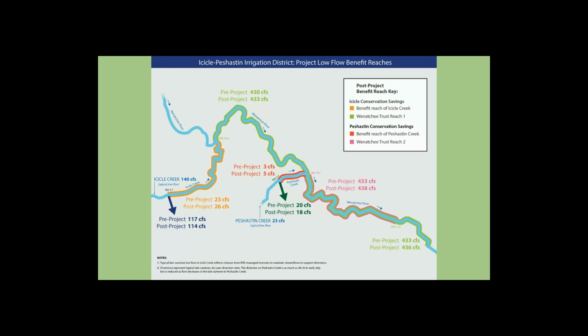So are you saying that the maximum they would work with you on was the additional 2 CFS in Peshastin Creek? Yes. Okay, thank you. I just needed the clarification on that. No, it's a good question. We had a lot of conversations with them about that, and because of the intertie with their system and some of their long-term planning, they were only prepared to do what we're presenting.